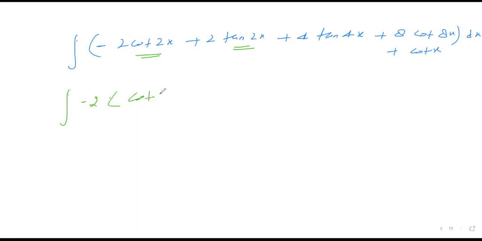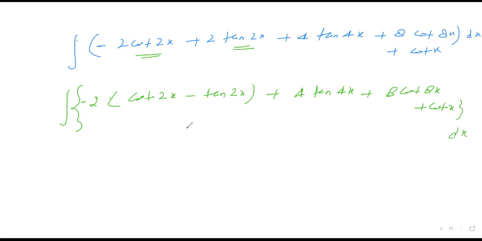So it will be minus 2 times cot 2x minus tan 2x, plus 4 tan 4x plus 8 cot 8x plus cot x dx.